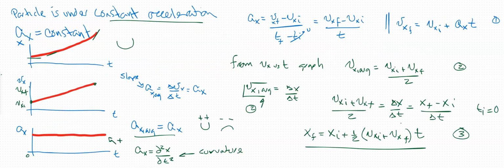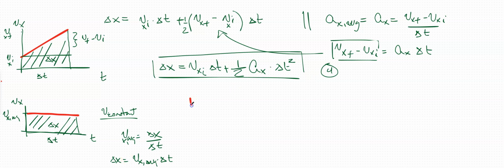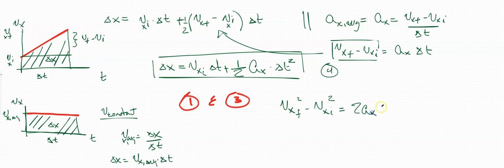The last equation comes from combining equation 1 with equation 3. And I'm going to let you show for yourselves that when combining equations 1 and 3 with a little bit of algebra, you can arrive at the following equation: v final squared minus v initial squared is equal to 2 times the acceleration times the displacement.